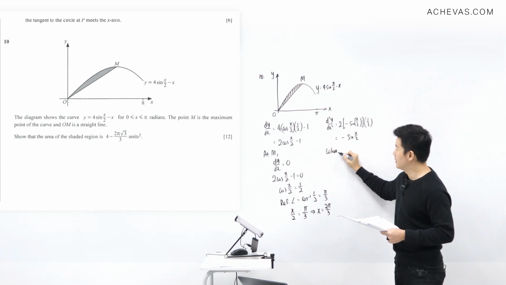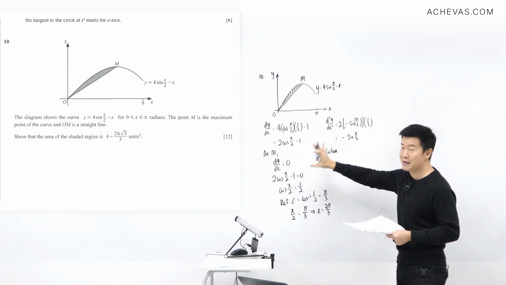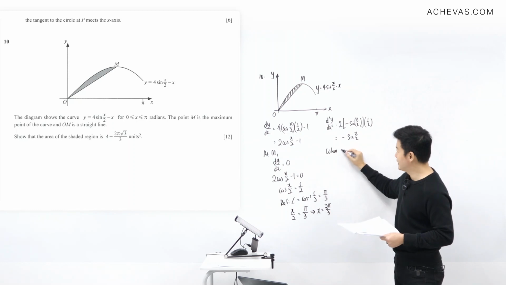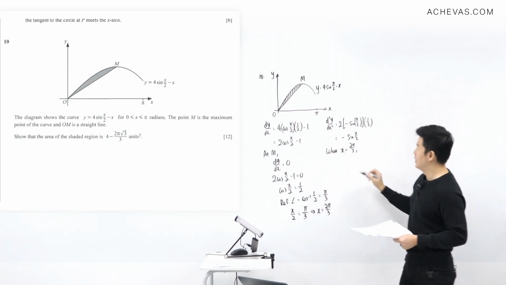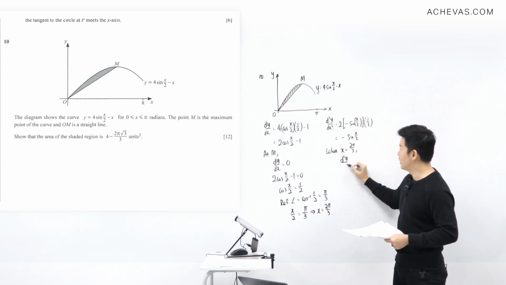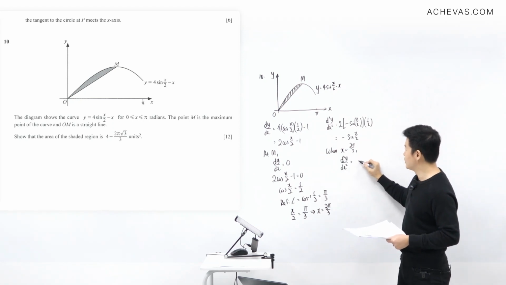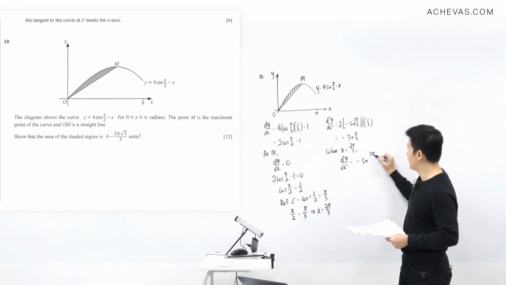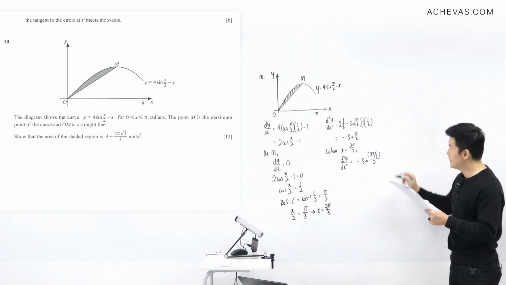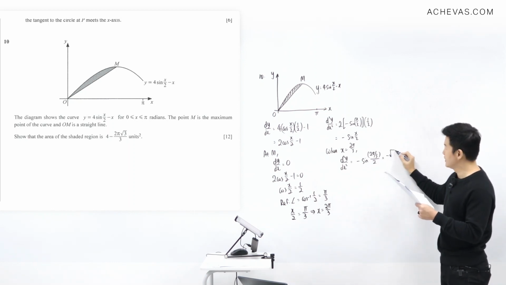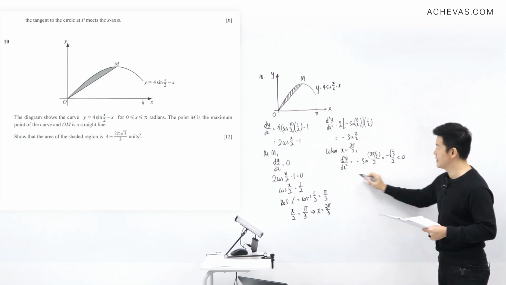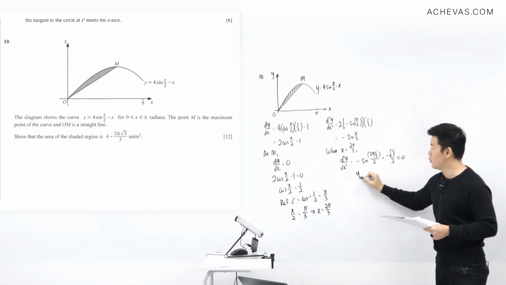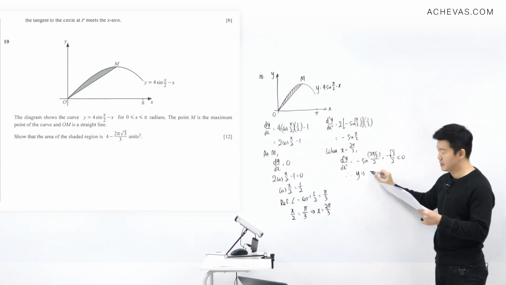So when x is equal to 2 pi over 3, d squared y over dx squared is equal to minus sine of 2 pi over 3 divided by 2. So d squared y over dx squared is going to be equal to minus square root of 3 over 2. This is less than 0. Therefore, I know that y is at its maximum.